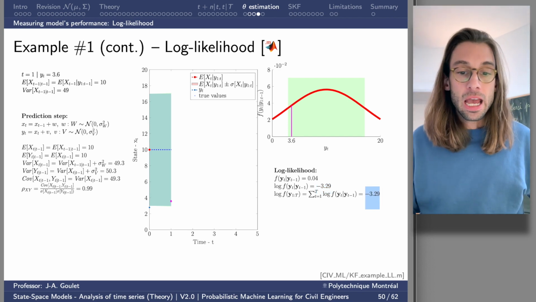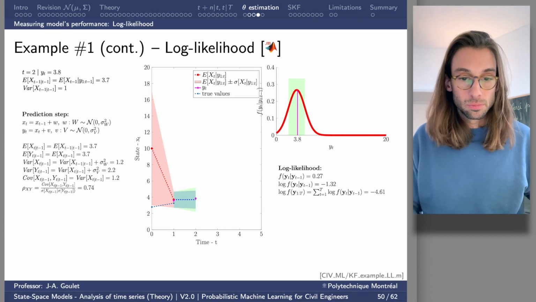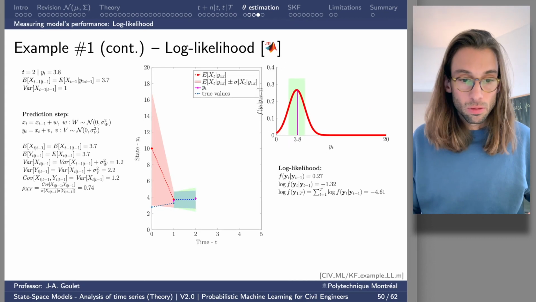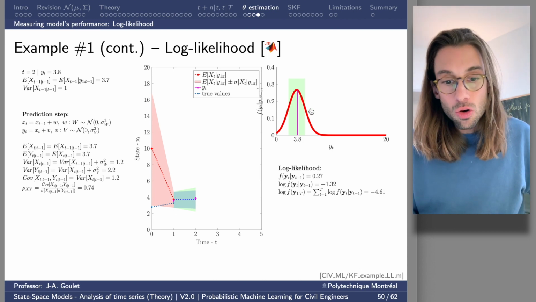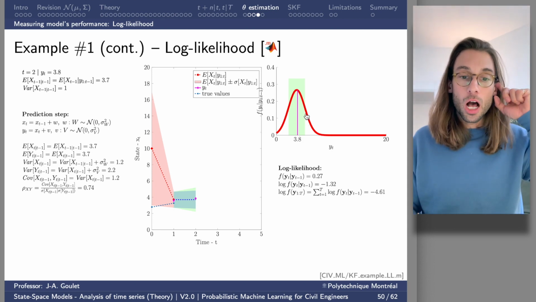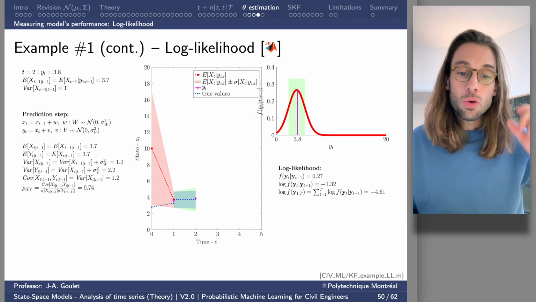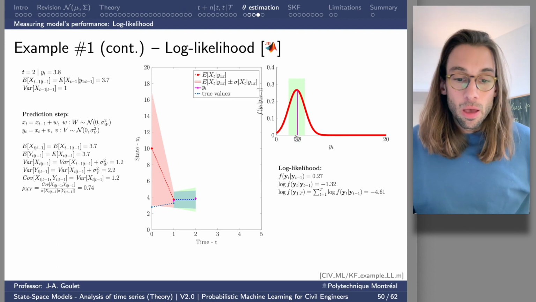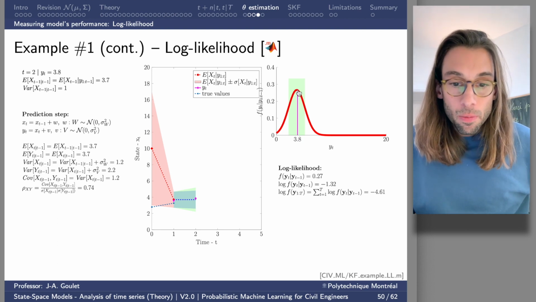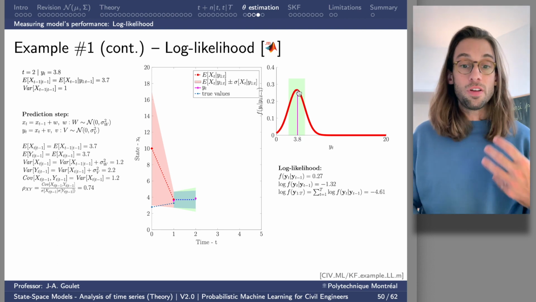Okay, then I update, I predict ahead. This is my new marginal prior knowledge for y2 given all the data up to y1, okay? So in this case, I look at what was the prior density of observing that actual data.